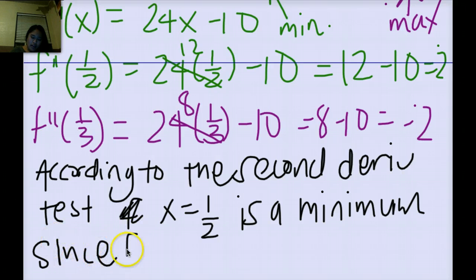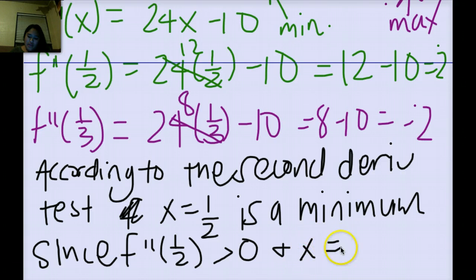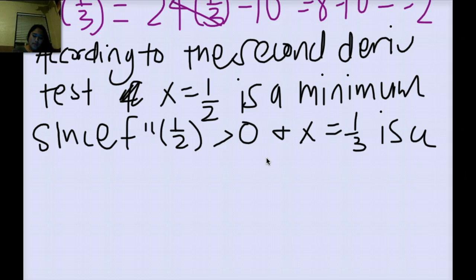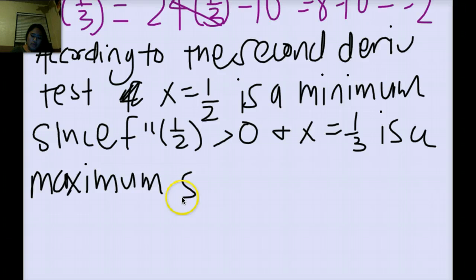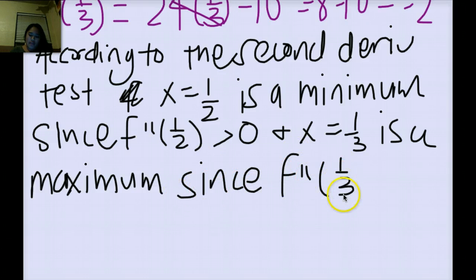Since f double prime of 1/2 is greater than 0, and x equals 1/3 is a maximum since f double prime of 1/3 is less than 0, and period. And that's it.